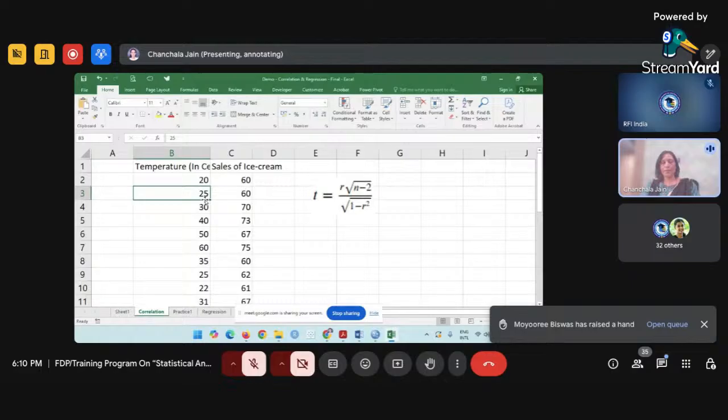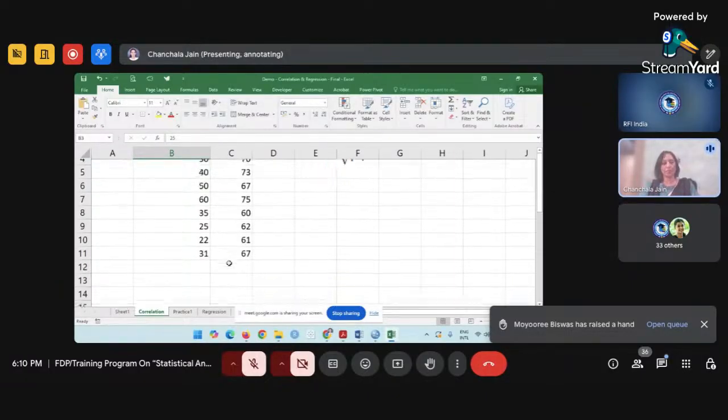Now, as this is a summer season, we know generally that when temperature increases, the sales of all the items which are cold or give us pleasure generally increase. So here we want to see whether when the temperature increases, sales increase or not, or when temperature goes down, sales decrease or not. This is the concept we want to examine here, and we want to see the relationship between these two variables.